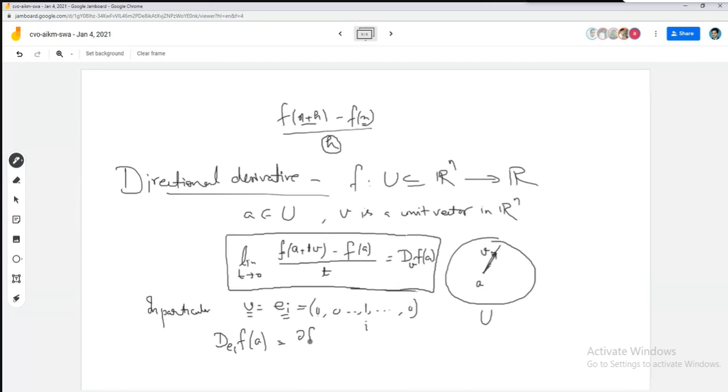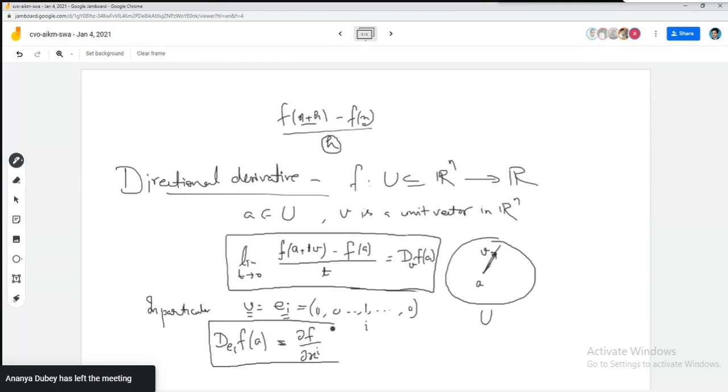So this is also called the partial derivative of f along x_i. So in some sense you can say this directional derivative is a kind of generalization of partial derivative. In partial derivative, you only differentiate along coordinate axes.